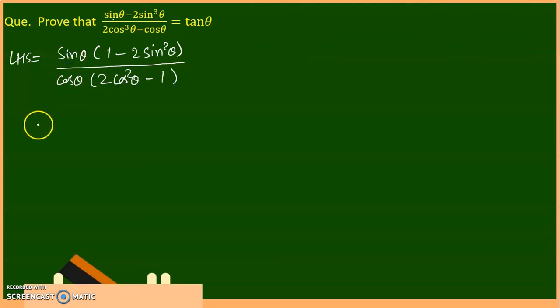So here sin theta divided by cos theta becomes tan theta, and now this should be equal to (1 minus 2 sin square theta), and here in the denominator we have 2 cos square theta minus 1, that should be equal to 1. So write it as it is here.